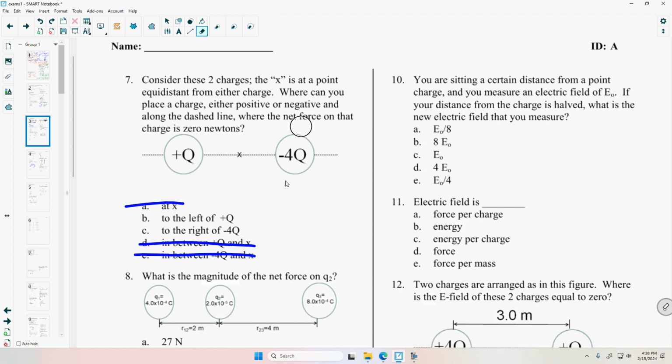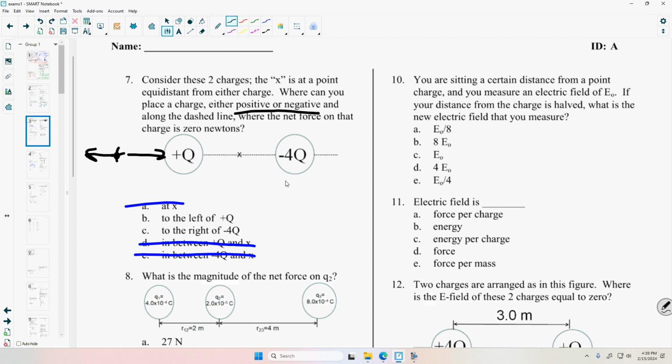So if my general rule is true and I just want to get away from the big charge, let's draw our force vectors for over here. I'm placing a charge here, either positive or negative, so I'll imagine a positive charge there. I have a force due to the plus q in that direction, and to the negative 4q in that direction.